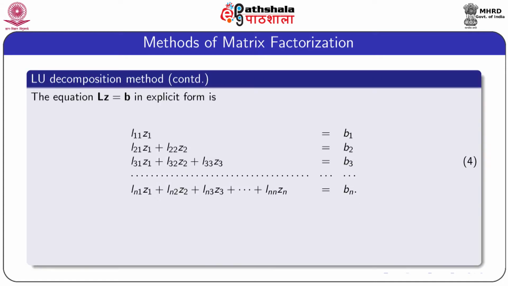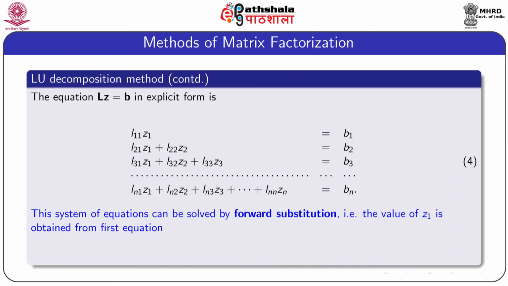Now, the equation Lz equal to b in explicit form is shown in the following equations. Note that the first equation contains only one variable z1, the second equation contains two variables z1 and z2, and so on. The last equation contains the variables z1, z2 up to zn. So, from the first equation we can find the value of z1 easily, and this system of equations can be solved by forward substitution.